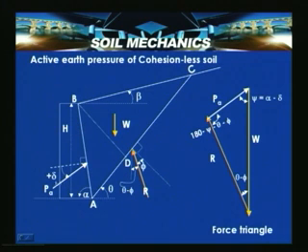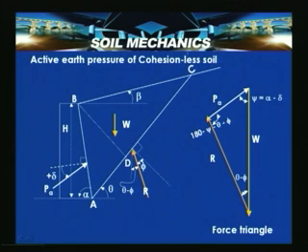Let us assume positive wall friction, with the wall resting on a firm foundation, and AC is a potential failure surface or shear plane where failure can take place, the surface that gives the maximum active earth pressure on the wall.